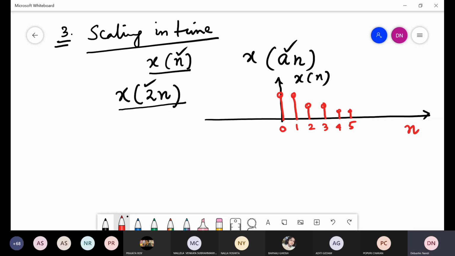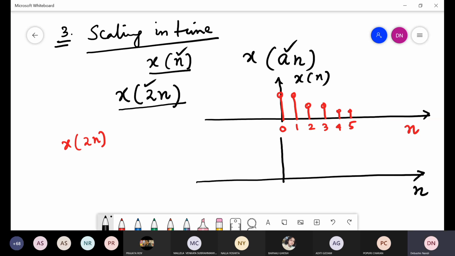Now, if you perform this scaling operation by multiplying a constant term 2 with this n, the signal will now be x[2n]. What will be the shape of the signal x[2n]? Let us try to understand. Suppose n is equal to 0.